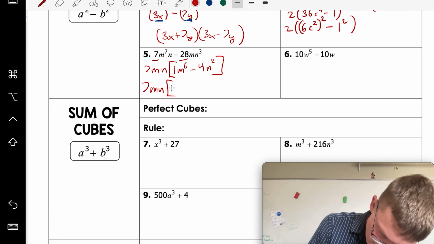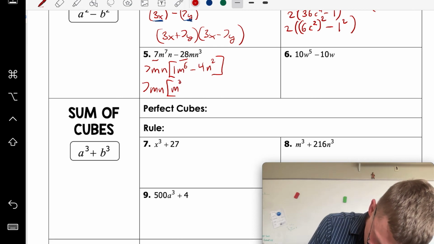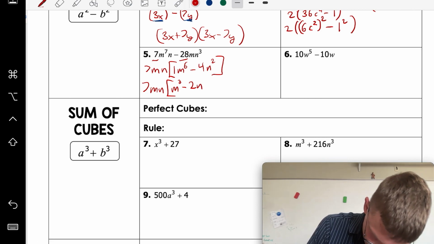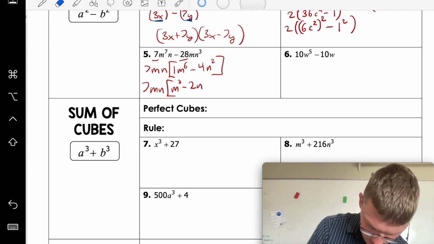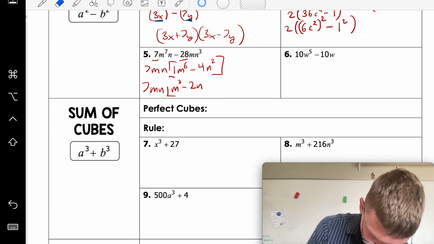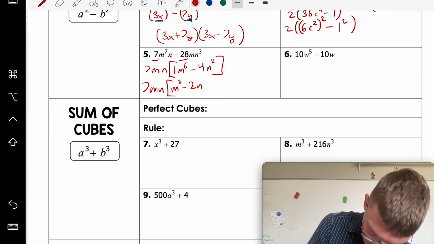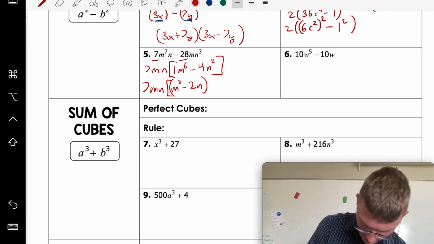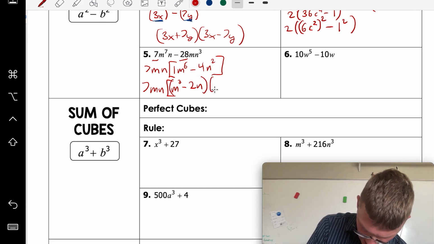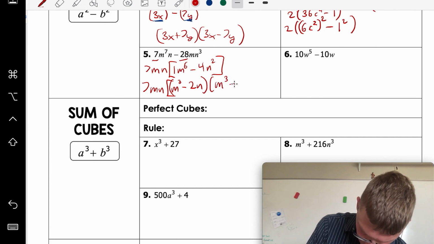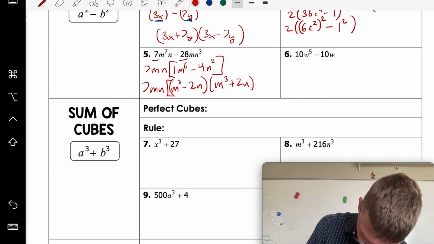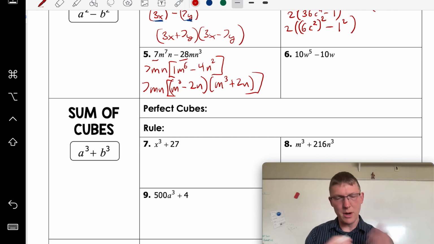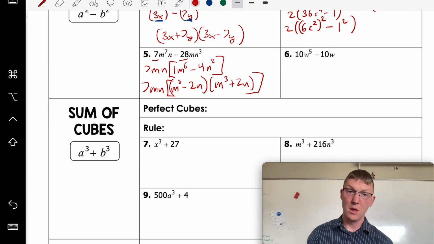So it's going to be (m cubed minus 2n) and then (m cubed plus 2n). There's an extra set of square brackets in there that don't do anything, but whatever. There you go. That's your factored form.